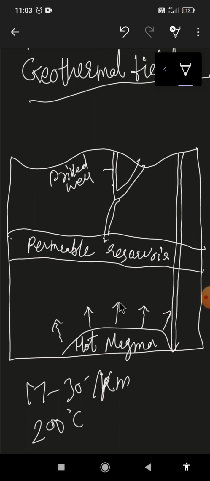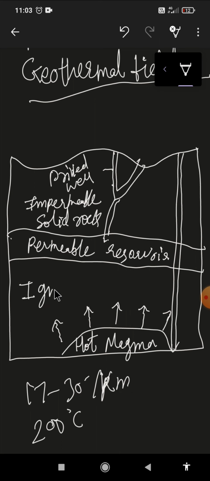So here hot magma or molten mass near the surface solidifies into an igneous rock. So this is an impermeable solid rock, and this hot magma gets converted into igneous rock.